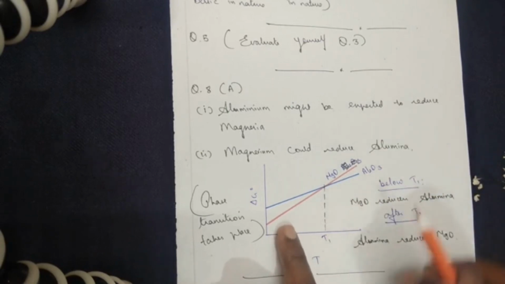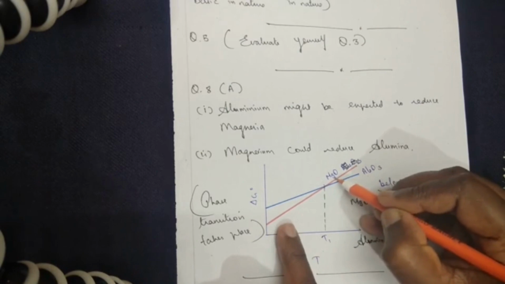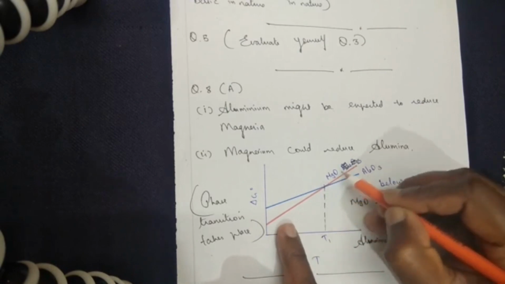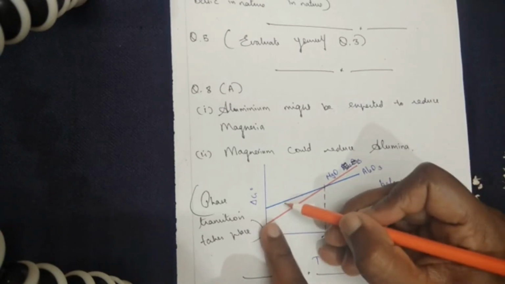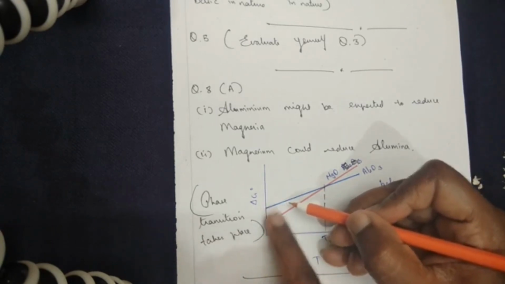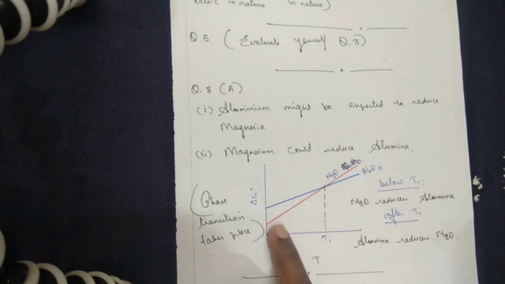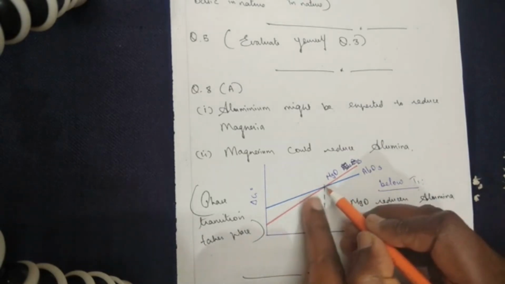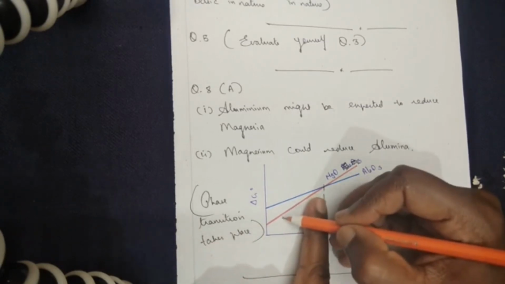So you should write here, below temperature T1, magnesium oxide can reduce alumina, because the upper graph metal oxides can be reduced by the lower graph metal oxides, either metal oxides or a metal.